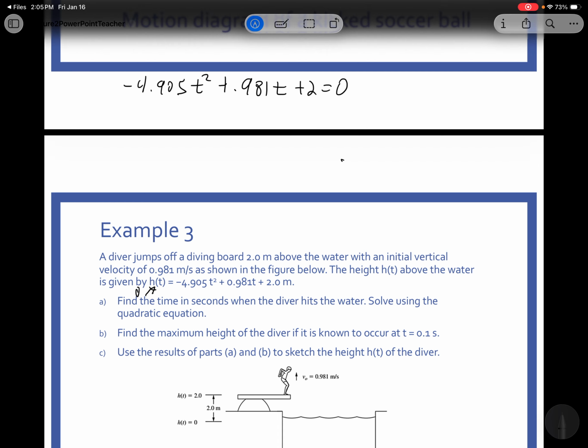Another possibility is you could divide everything by the current A term, which is the negative 4.905, and then just rewrite it.